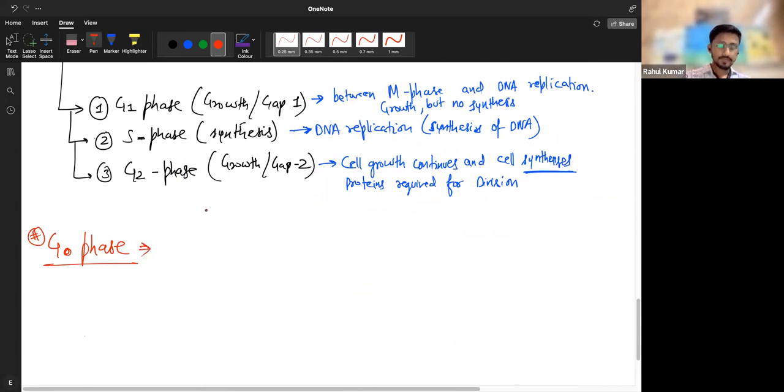Some animal cells do not undergo division or only divide occasionally.